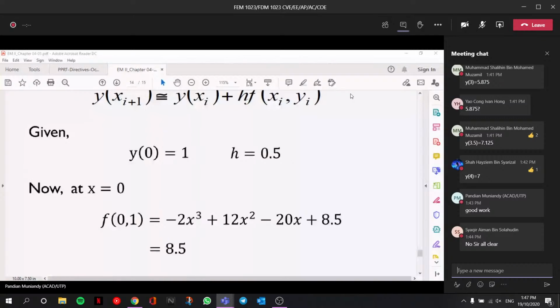If that doesn't work, then you can go for h 0.1. This is the smallest, but we cannot say this is the best. From 0.5, you reduce to 0.25 and then 0.1 and then see whether the y will give you a consistent result.